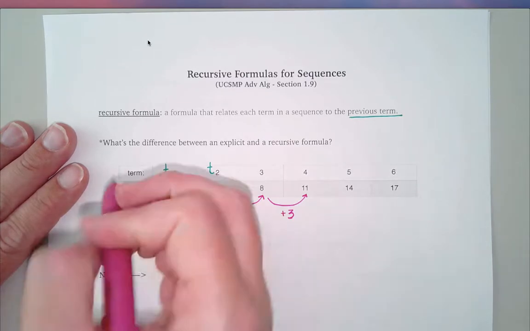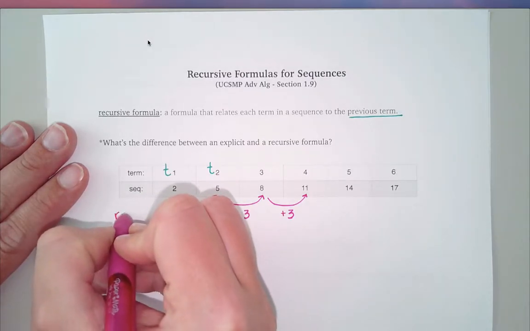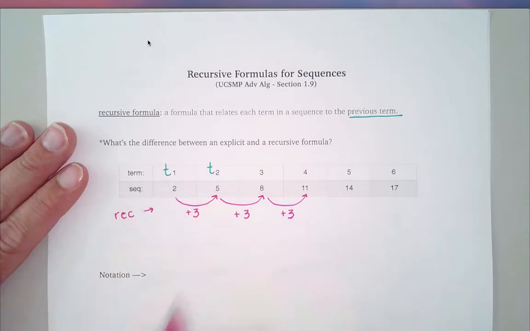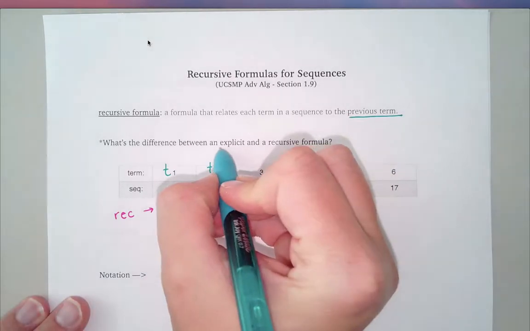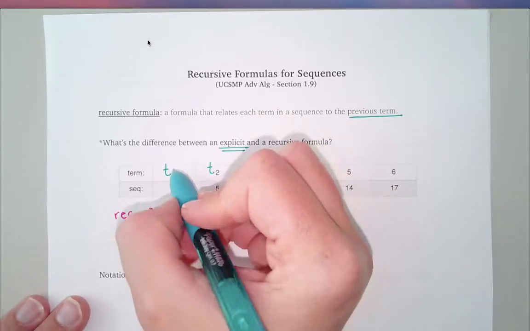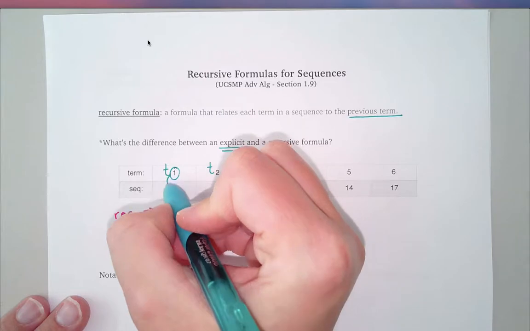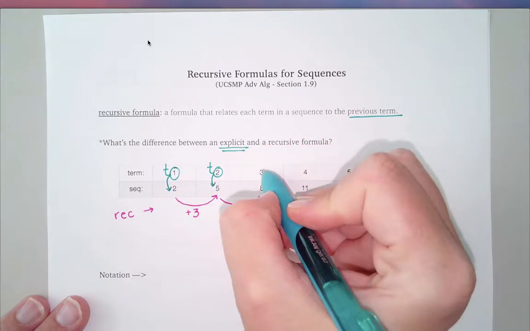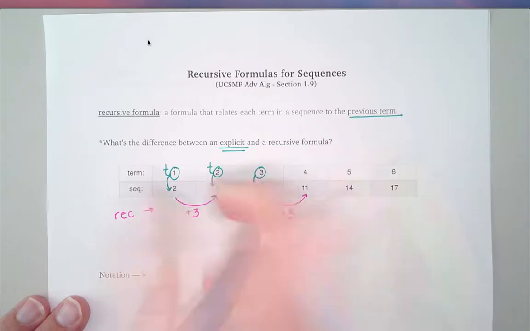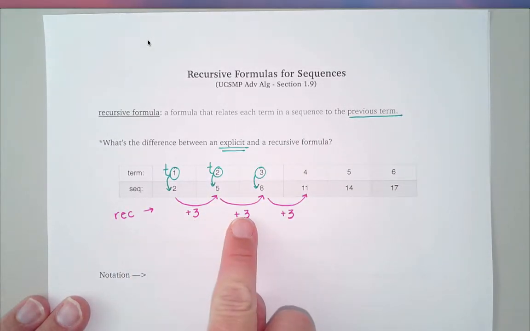This is recursive down here that I'm writing in pink, where you look at a sequence and you say, oh, I'm going to start at 2 and add 3 every time. The explicit formula, which I'll note here in green, takes the term number and tries to come up with the term. Okay, so let's talk advantages and disadvantages. This is really easy to do, right? This is really easy to say, oh, look, it goes up by 3 every time.